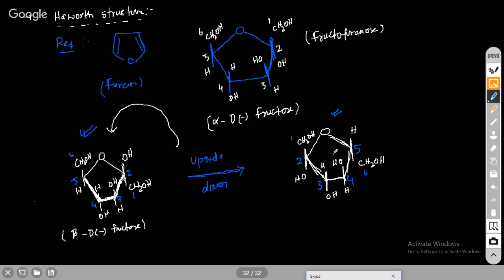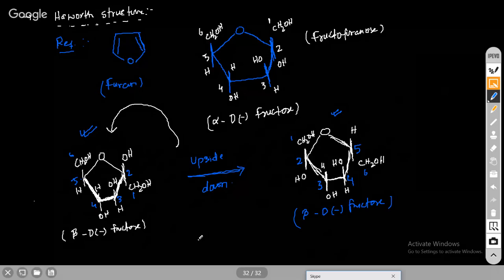So you don't have to get confused with this because both structures are nothing but the same. In one structure, you are looking from the top, and in the other you are looking from the bottom, right? So whether they give you OH here or H here, it is a structure of beta D-fructose. Is it clear?